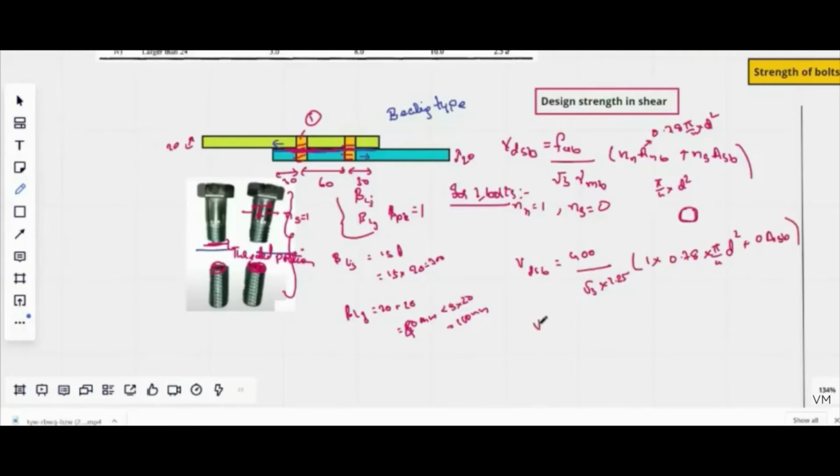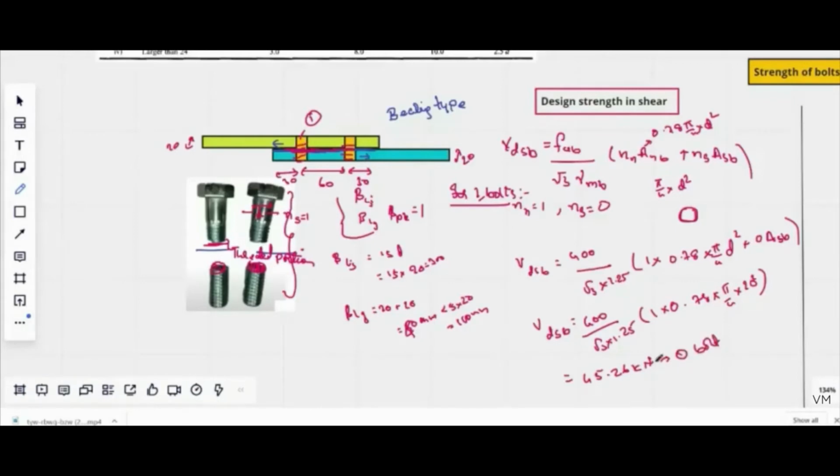When we substitute the values, I will get VDSB as 400 by root 3, 1.25 into 1 into 0.78 times of pi by 4 into 20 square. This value will be around 45.26 kilonewtons. This value is only for a single bolt.